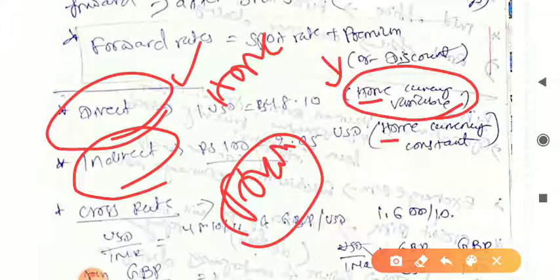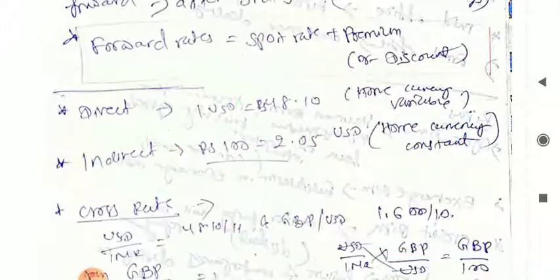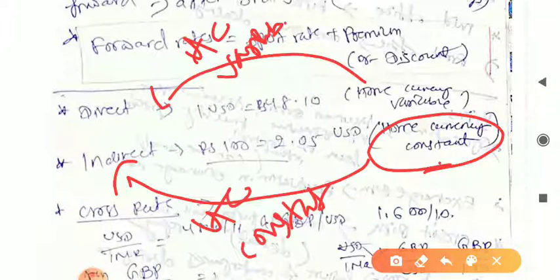Home currency will be variable in case of direct, and in case of indirect, home currency is constant. Remember this: in case of indirect, home currency is constant. And foreign currency is just the opposite.